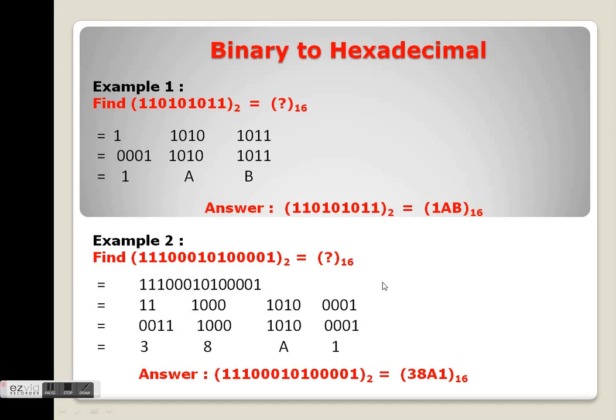For example, in group 1 the decimal equivalent is 1, and for group 2 the decimal equivalent is 10 and its hexadecimal equivalent is A. For the third group the value of the decimal equivalent is 8, and for the fourth group the value of the decimal equivalent is 3. So finally the hexadecimal equivalent is 38A1.